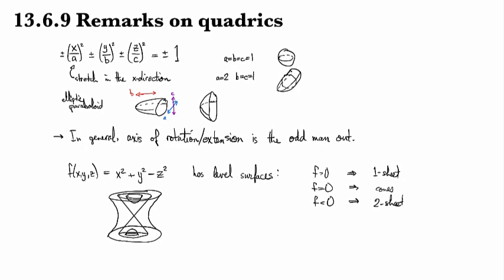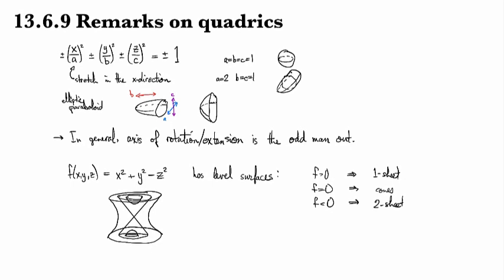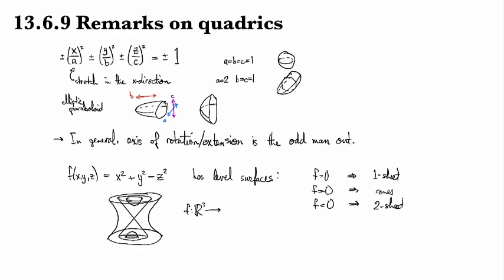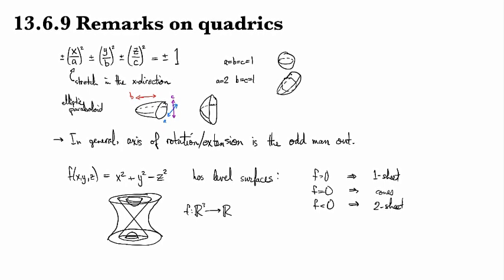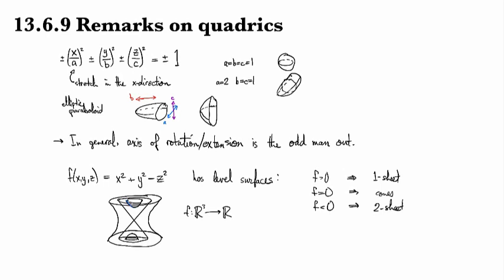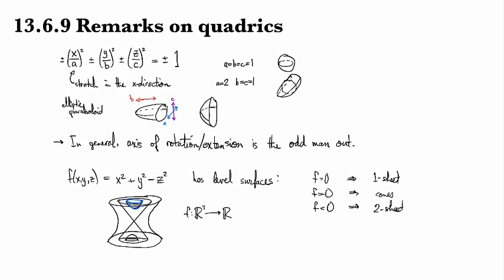then it looks like this. So f is a function of three variables, right? So f is mapping R3 to R, and so it's assigning a value to every point of 3-space, and now you can see that the values assigned to these points in here are all going to be negative.